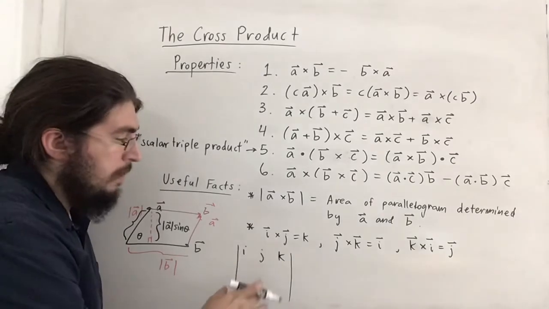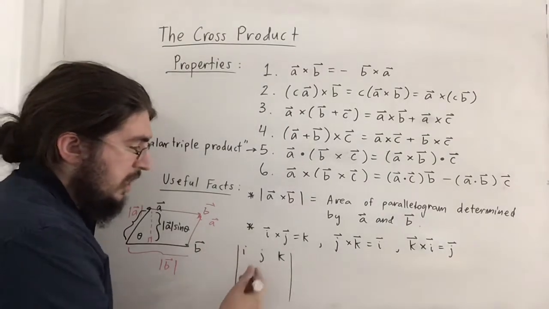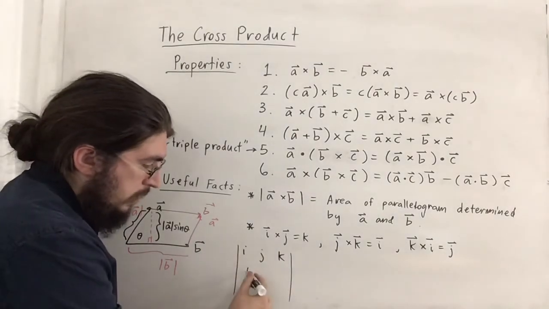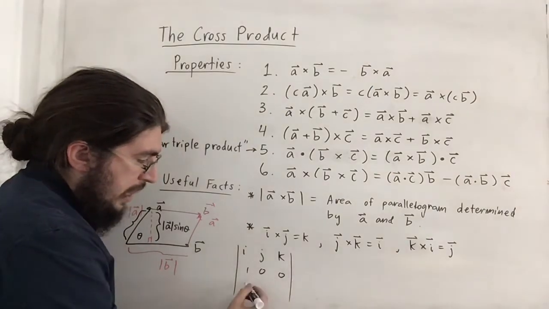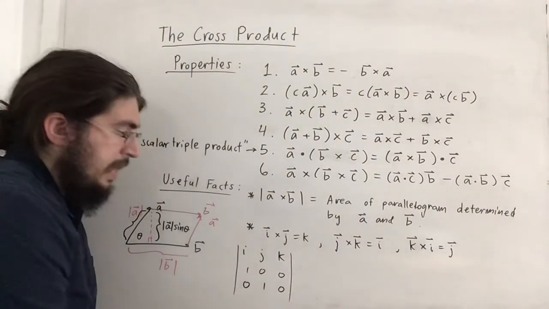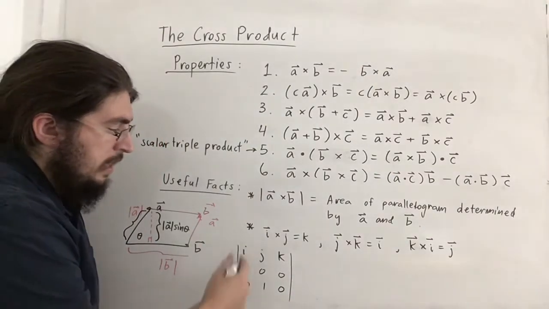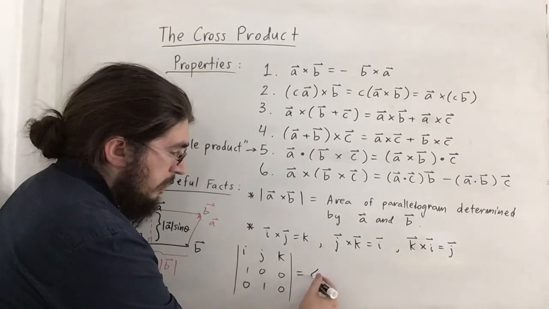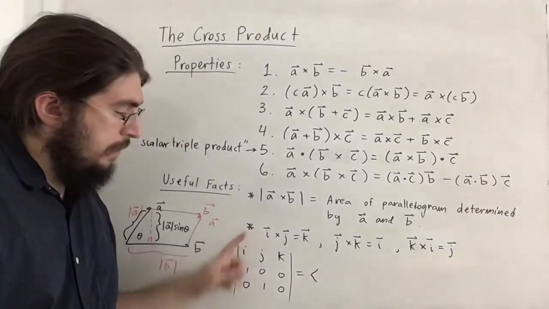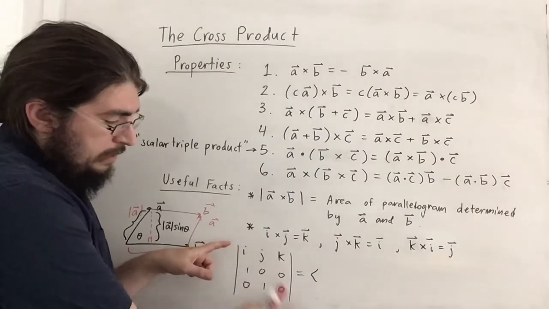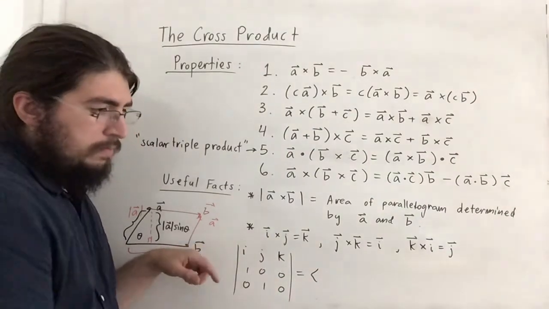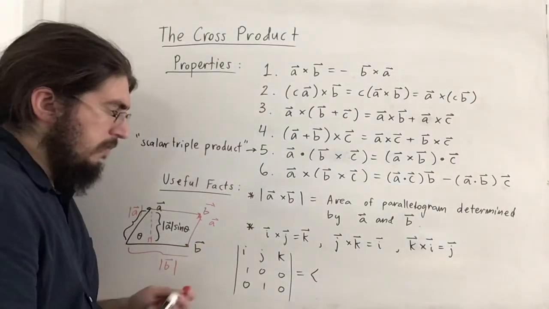You want to take the 3x3 determinant for i, j, k, and then I, which is 1, 0, 0, j, which is 0, 1, 0, and then taking the determinant of this, it's going to be the vector. Removing the I column and I row, we get I times the determinant of this, which is 0 times 0 minus 0 times 1, so that's just 0 for the first one.